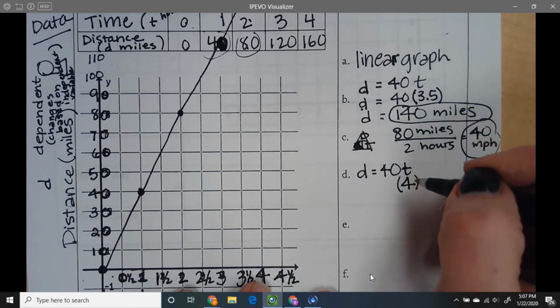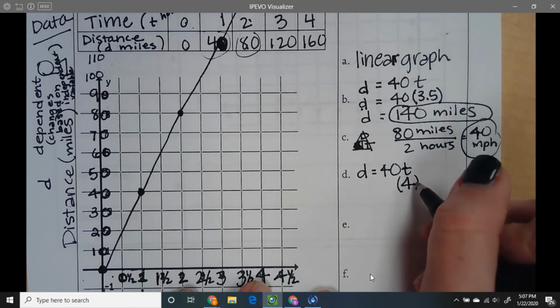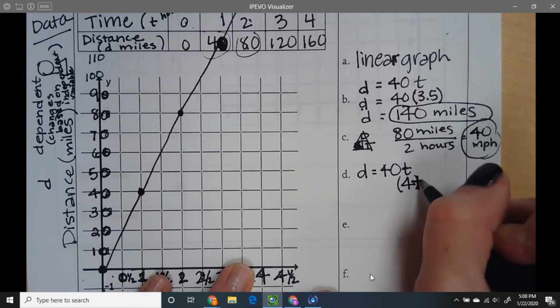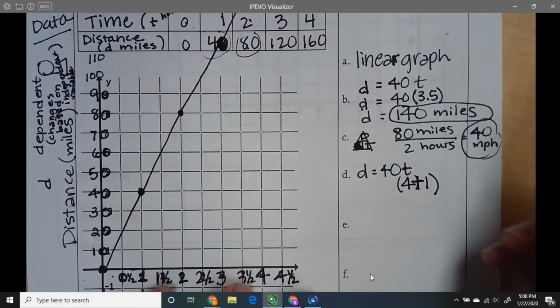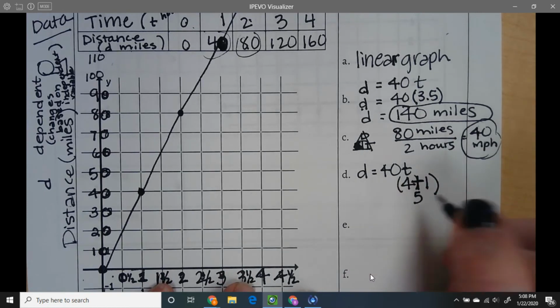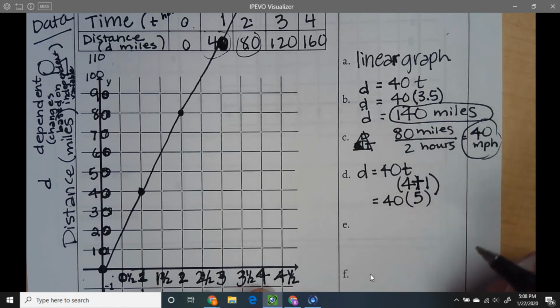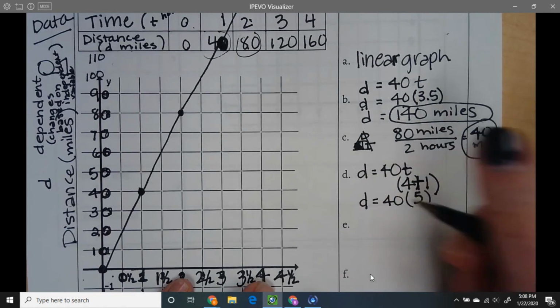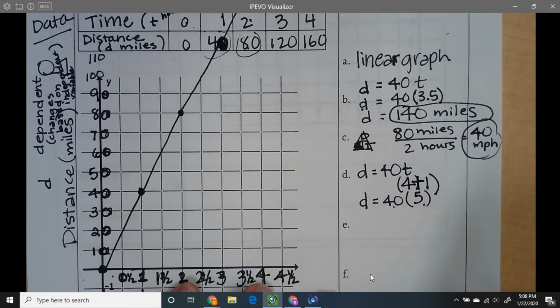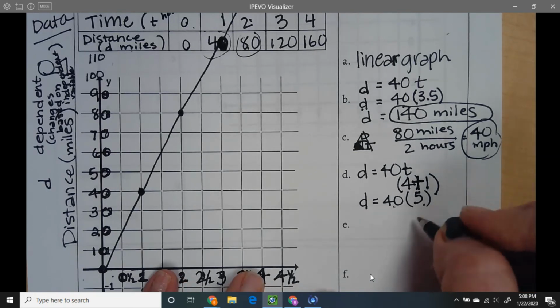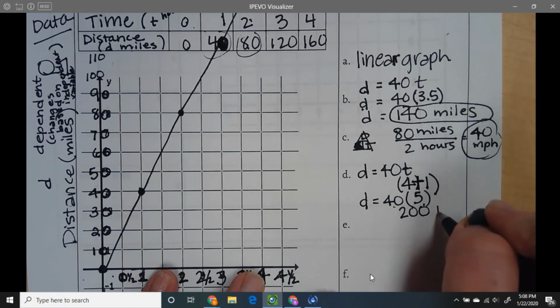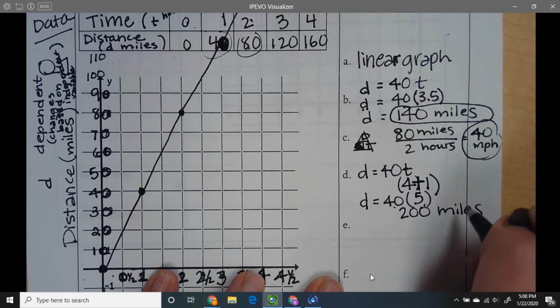So I'm doing 4 plus another hour. So 4 plus 1 is 5 times the 40. And it says how far will she drive in all? So I just need to do 40 times 5, which is equal to 200. And again, we're talking about the distance. So the distance is in miles for your label.